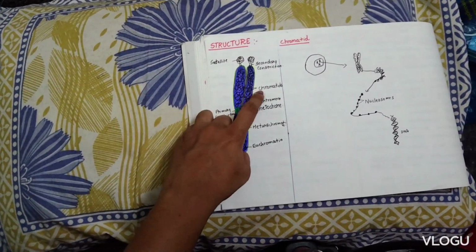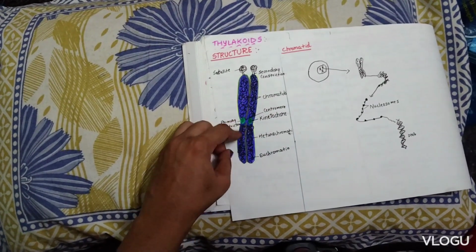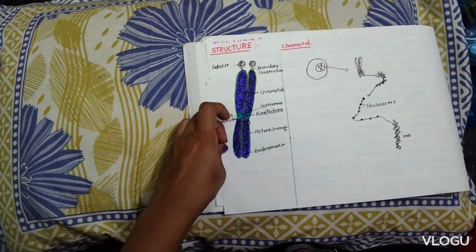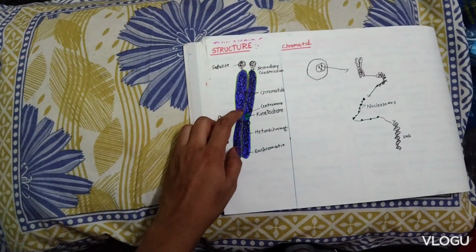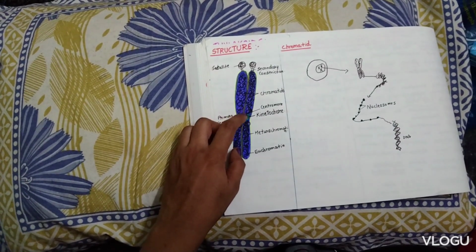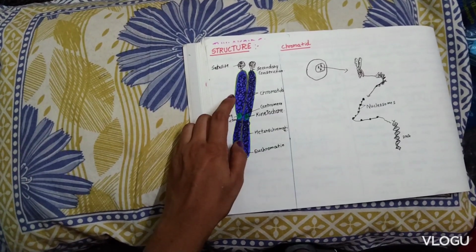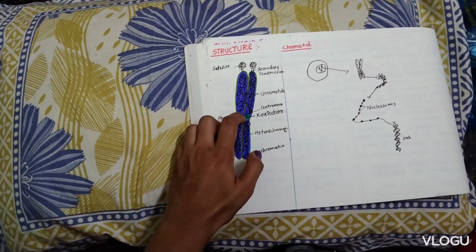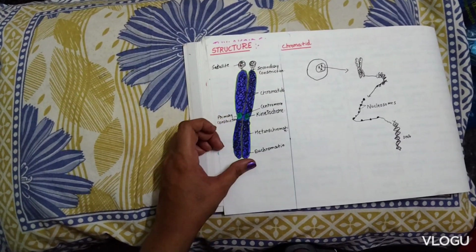The structures shaded in blue are chromatids. In the middle, they are connected by the centromere. So chromosomes have two chromatids, with the centromere in the center.